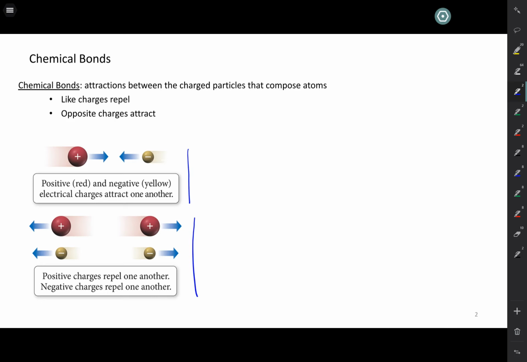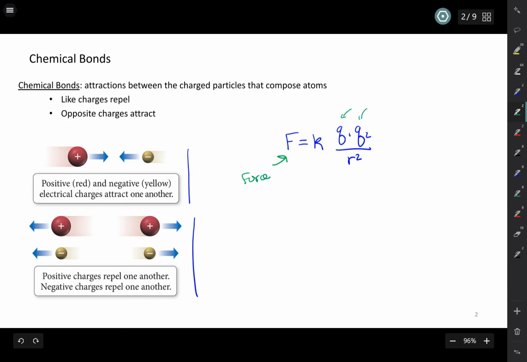This can also be quantified using Coulomb's law. If you've taken physics, you've probably already seen Coulomb's law before, where the electrical force is a function of the charges and the distance of separation between those charges.